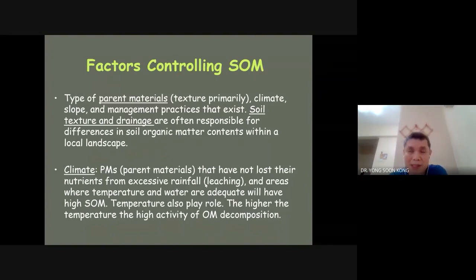So, what is the connection with temperature then? Do you still remember whenever you go to the pasar, you want to keep all your vegetables or your meat inside the fridge. For what reason, right? Because at low temperature, bacteria is the slowest, isn't it? Okay. And that is the key here.